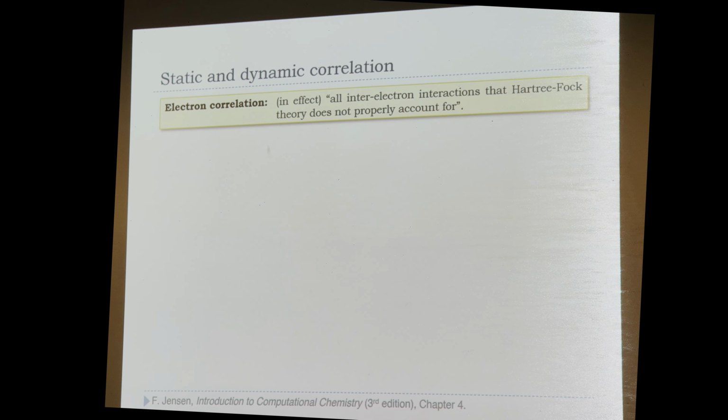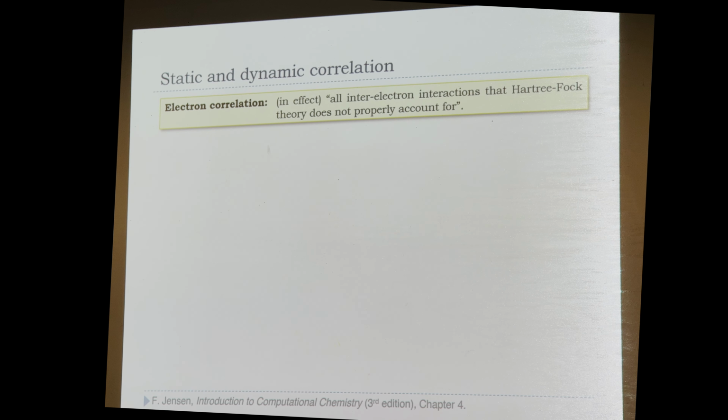The other thing that Hartree-Fock, being the mean field theory, does not correctly describe is electron correlation. So firstly, there are terms that correspond to excited states in the wave function that do mix into it that Hartree-Fock ignores.